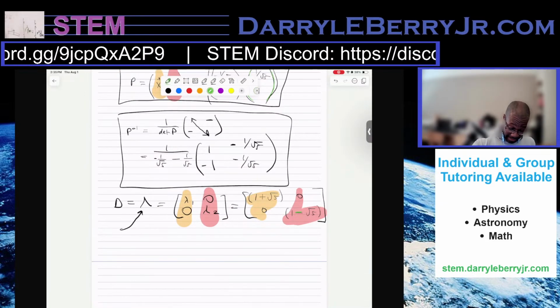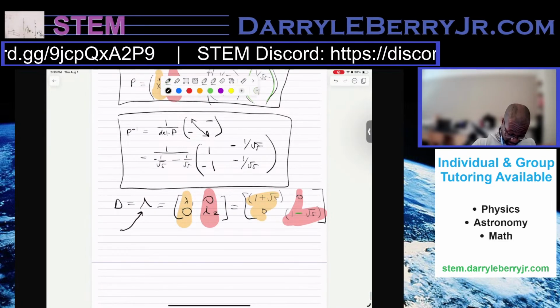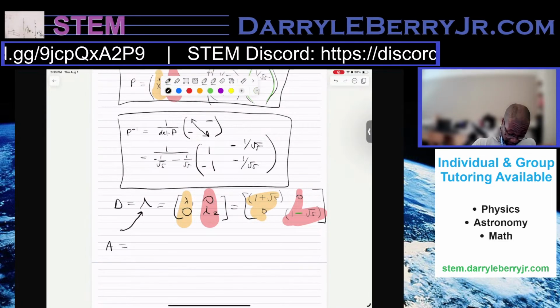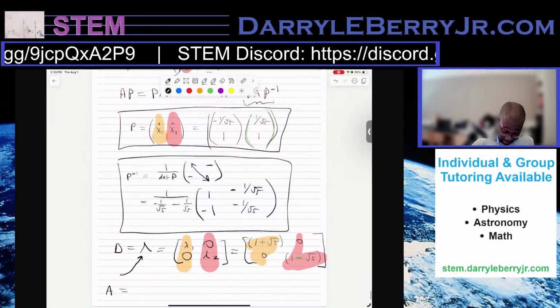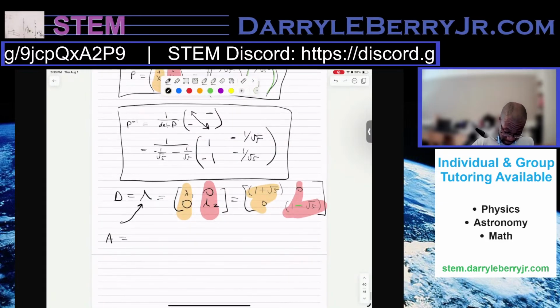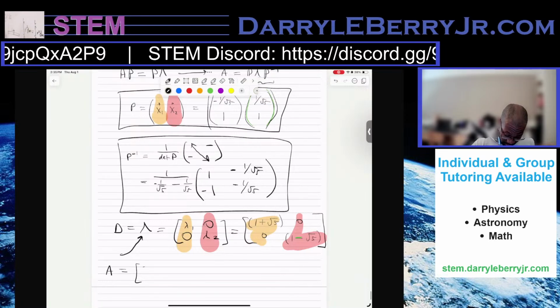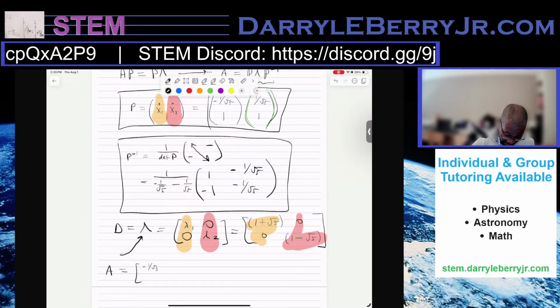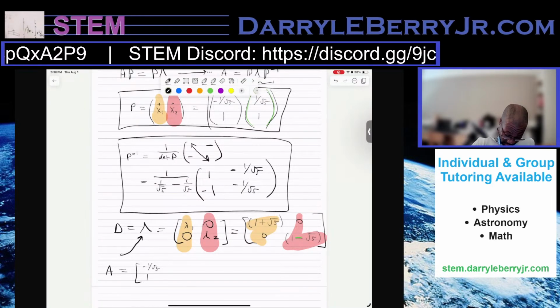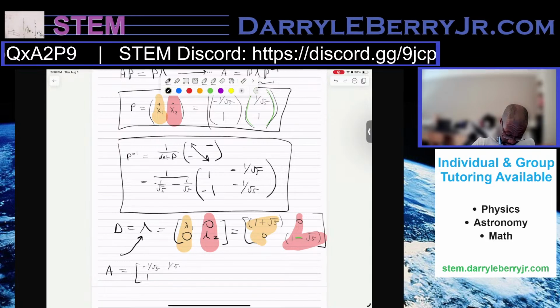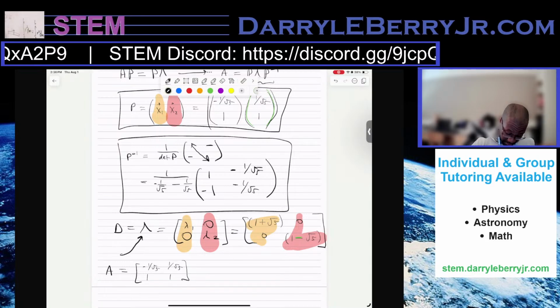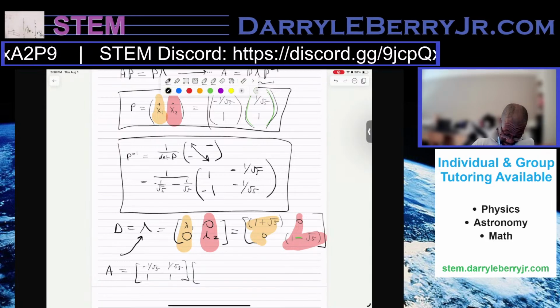So if I was to actually write the answer in completion, if you were to write this out, you would put negative 1 over square root of 5, 1, 1 over square root of 5, 1. This is how you literally write it to finish your answer.